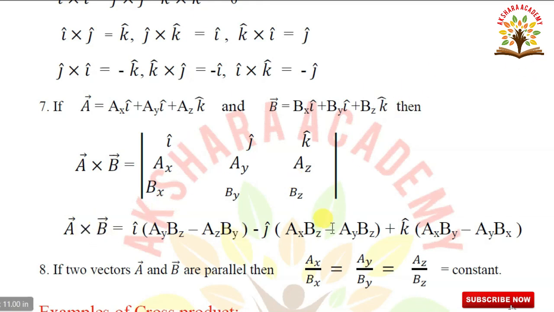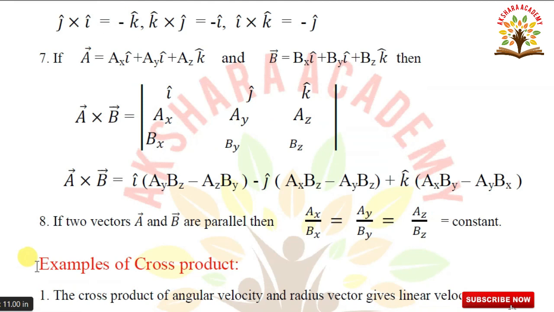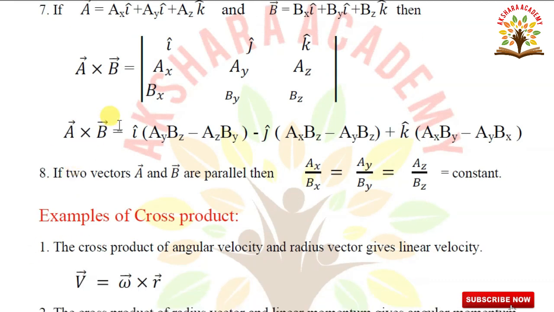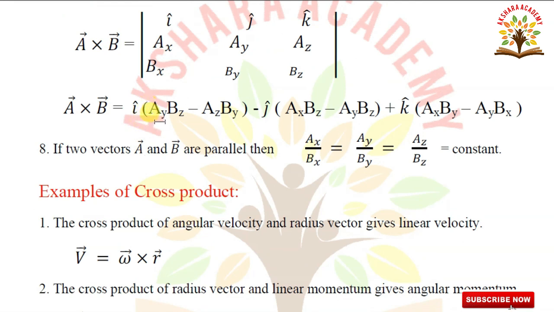Similarly bx, by, bz. So a bar cross b bar is equal to i bar of (ay bz minus az by) minus j bar of (ax bz minus az bx) plus k bar of (ax by minus ay bx).